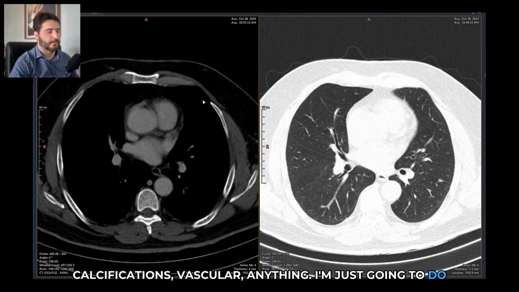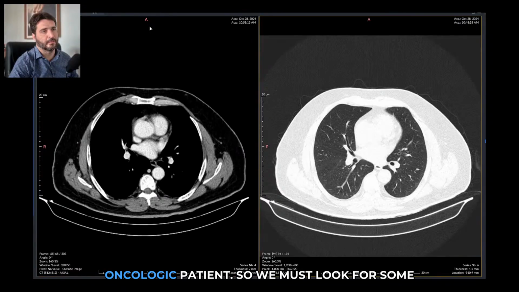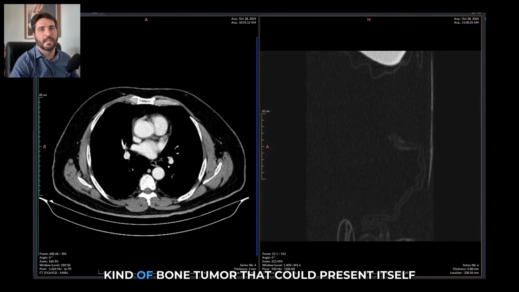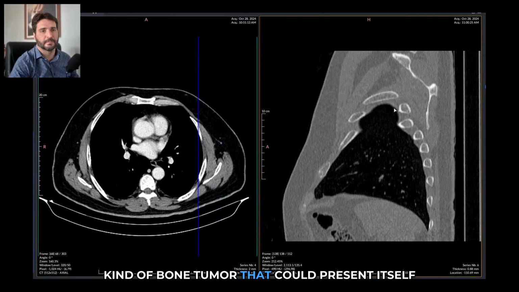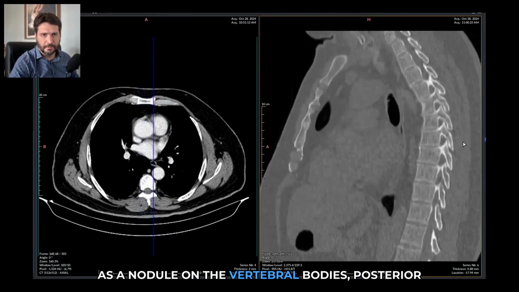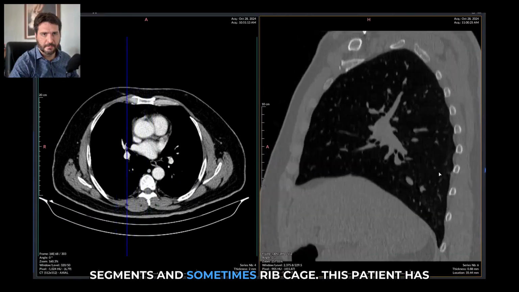I'm just going to do an MPR right there because this is an oncologic patient, so we must look for some kind of bone tumor that could present itself as a nodule on the vertebral bodies, posterior segments, and sometimes the rib cage.